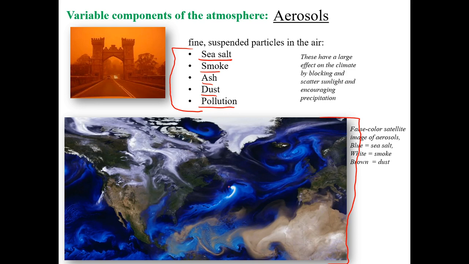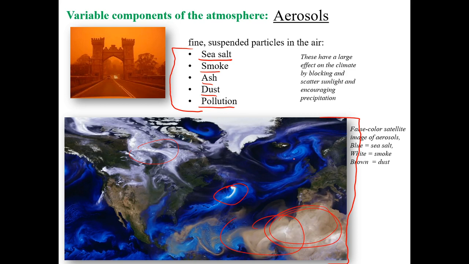The blue color that you see, like right here, represents sea salt. The white stuff you see represents smoke, pollution. Brown represents fine ash, dust kind of material. So you could see a lot. The Sahara Desert here off the coast of Africa really produces a lot of dust.